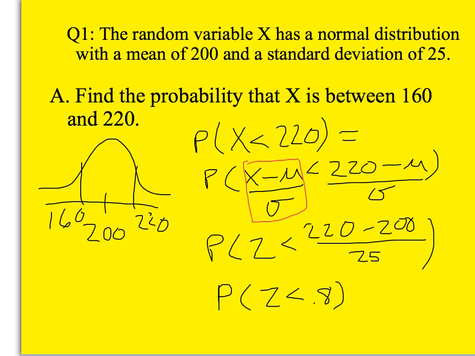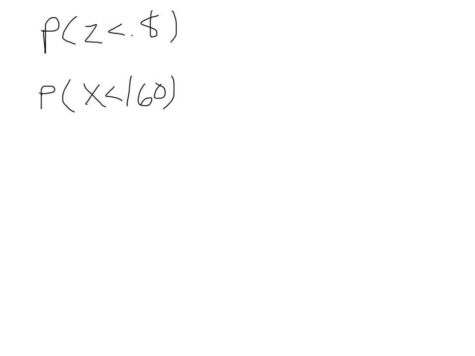Okay. The other part of this, I'm going to go to the next page, so hopefully you remember we're looking for 160 at this point. So first, z is 0.8. So let's go to the next page. We have probability of z less than 0.8. Now we're interested in the 160 number, right? So you'll have probability of x less than 160. We'll do our same little song and dance.